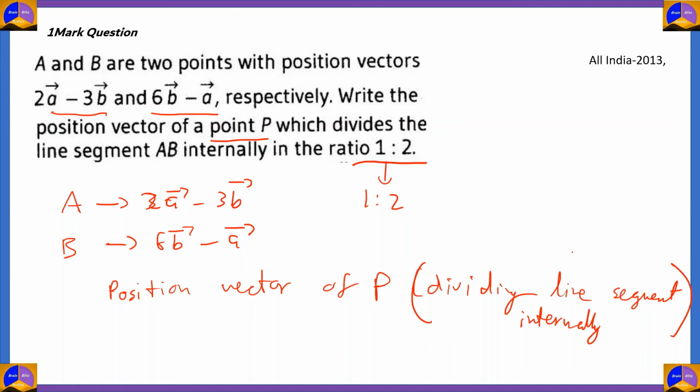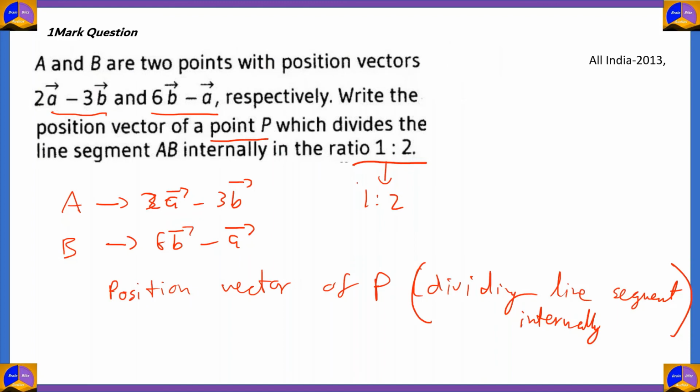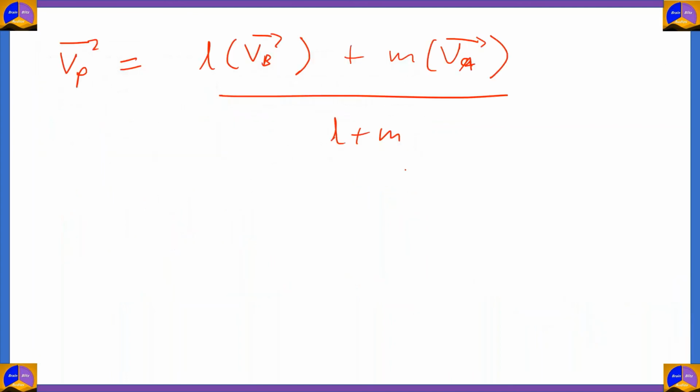Let's write it. So the position vector of P will be equal to L times the position vector of B plus M times the position vector of A, divided by L plus M. If you're wondering what L plus M is, L and M are the parts of the ratio 1:2.